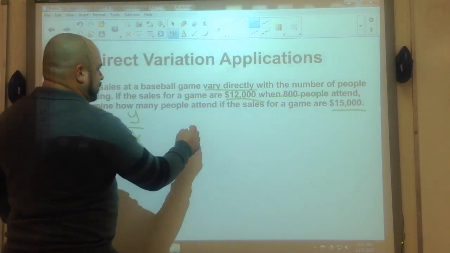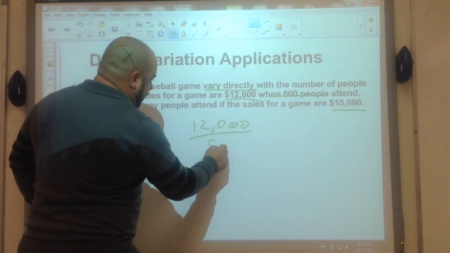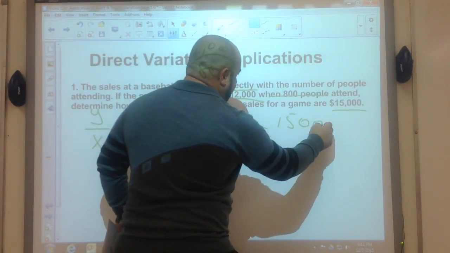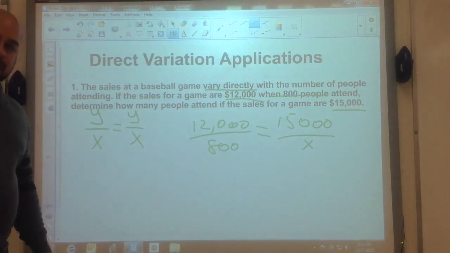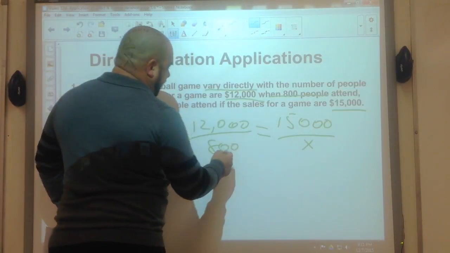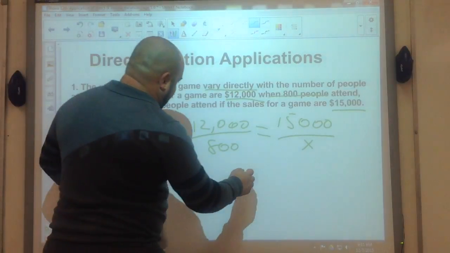So in this case, we're going to set up 12,000 over 800 equals 15,000 over x. We're going to cross multiply. You have 800 times 15,000, and that gives you 12 million.